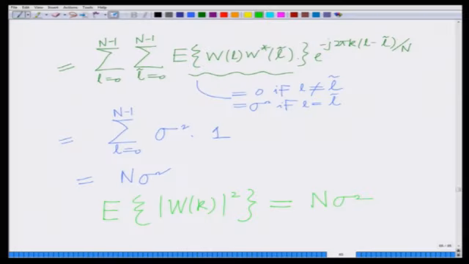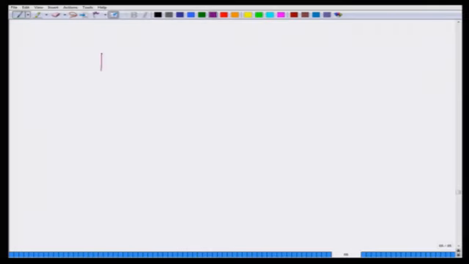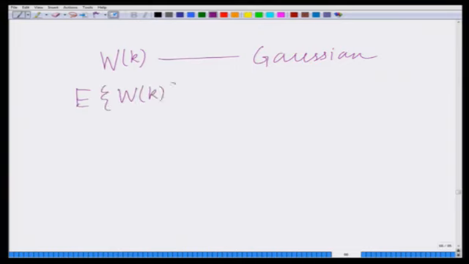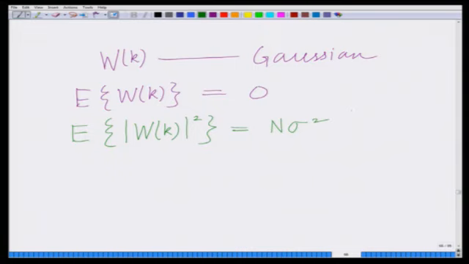Therefore, the noise at the output of the FFT, each W_k, is Gaussian, the expected value of W_k equals 0, and the variance of the noise, that is the expected value of magnitude W_k square, is equal to n sigma square.